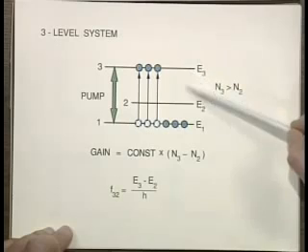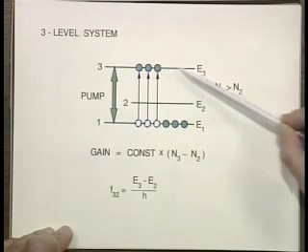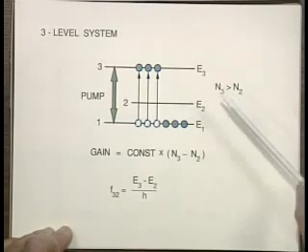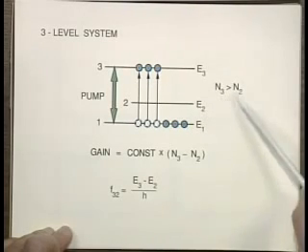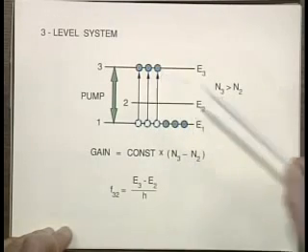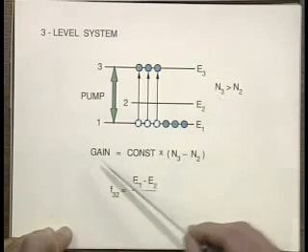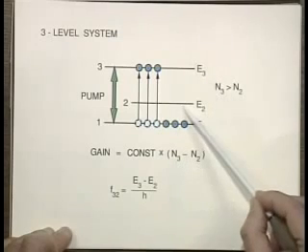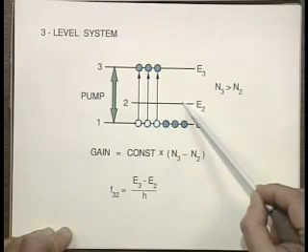So the amplification occurs as soon as you put one atom in level 3, because level 2 is empty. So you can create N3 bigger than N2, which is the condition for amplification, as soon as you pump one atom into this level. So the amount of gain that you'll get will depend, of course, on N3 minus N2, on the population difference, as we talked about before.